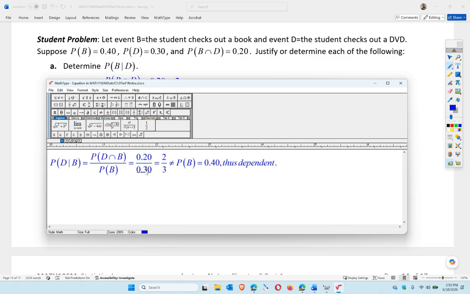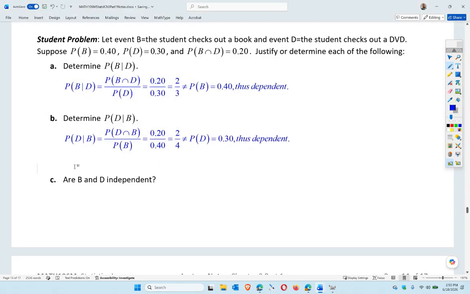B is 0.40, right? So that's 2/4, right? So the probability of D is, let's see, 0.3, right? Well, 2/4 is a half, which is 0.5, which is still not equal to that, correct? So it's still dependent, isn't it? Okay. So are B and D independent?